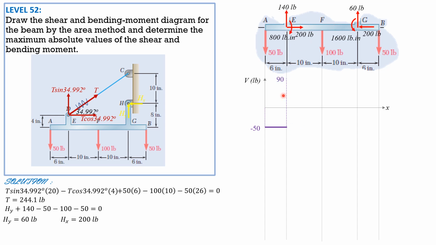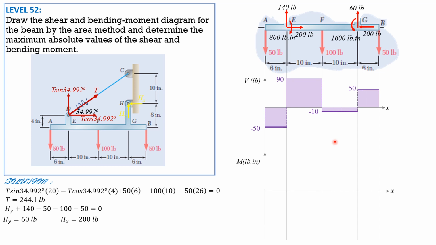Between E and F, no change in loading vertically, so constant. Then minus 100, negative 10. Then constant, plus 60, so 50. Then constant, then minus 50, so that closes. So that's the shear diagram. Let's shade it.